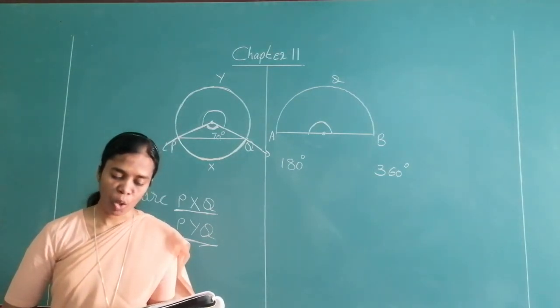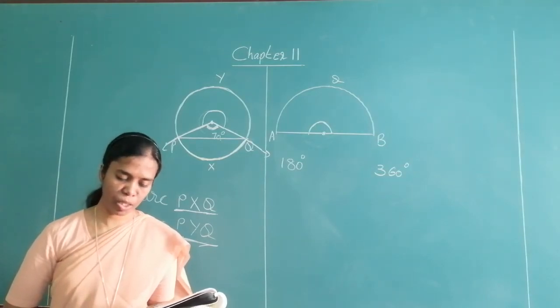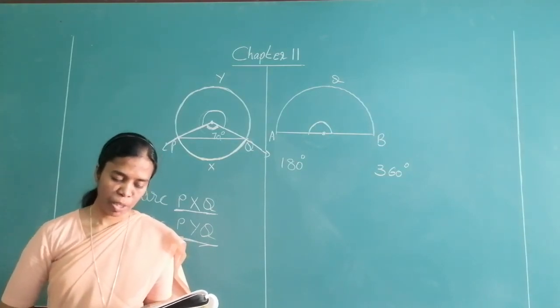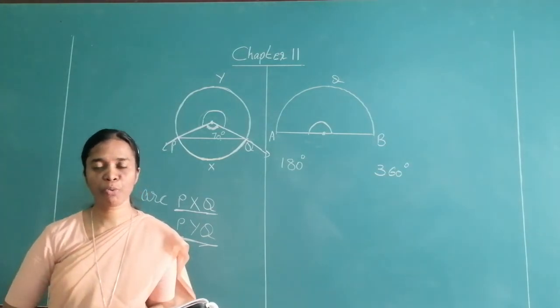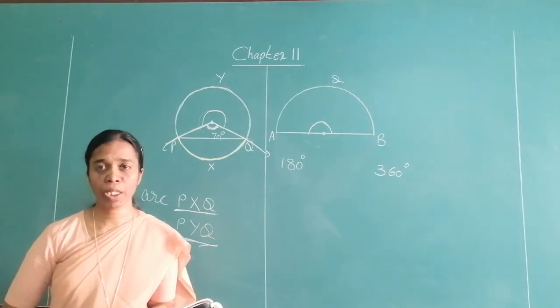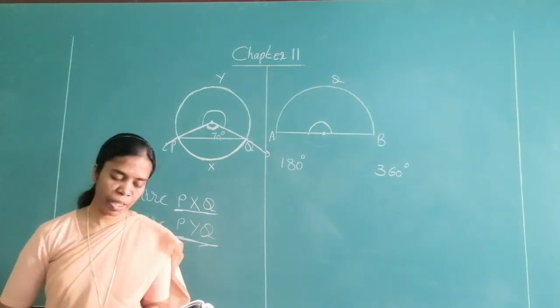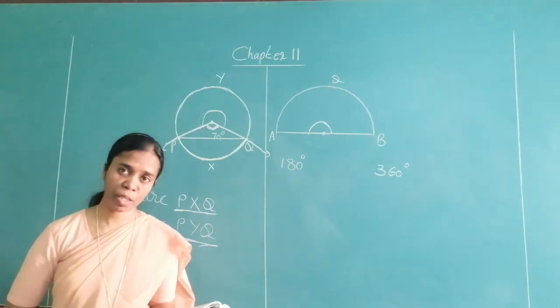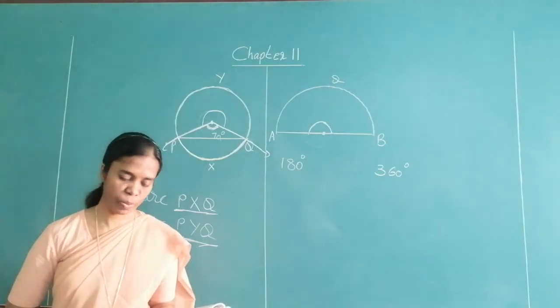The measure of arc AXB is equal to 120 degrees. Then the measure of arc AYB is equal to what? How do you find out? You know that if they are corresponding arcs, the total measure is equal to 360 degrees. So from 360 degrees you subtract 120 degrees and find out how much you get. Check whether it is in the options.